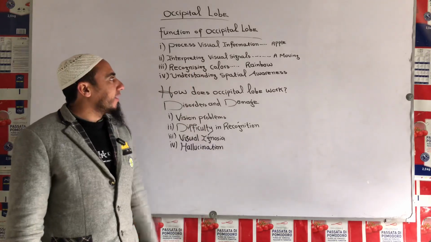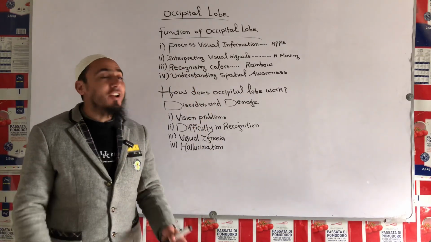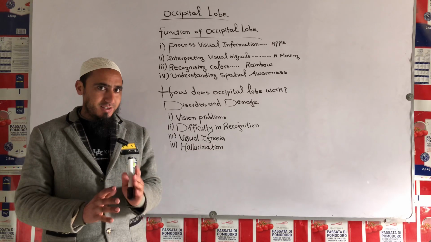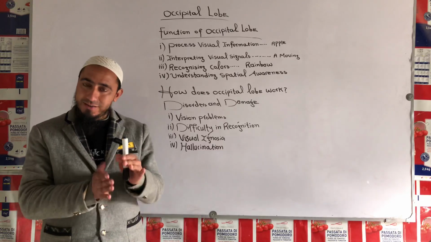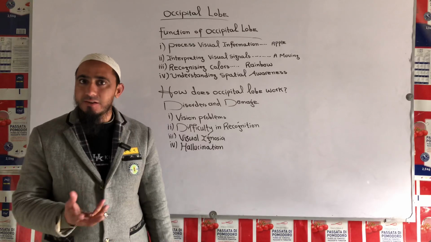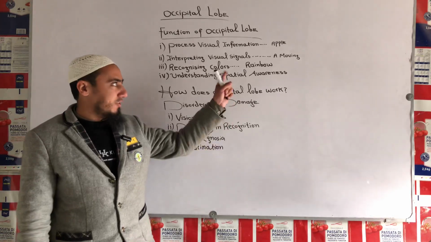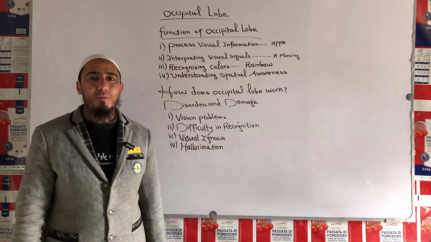Similarly, another function of this part of the brain is recognizing colors. It does not only indicate the colors but recognizes the distinctions between various colors. We have various colors, more than seven. An interesting example of colors would be a rainbow.